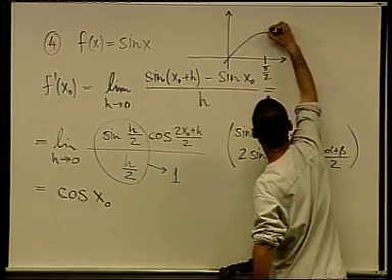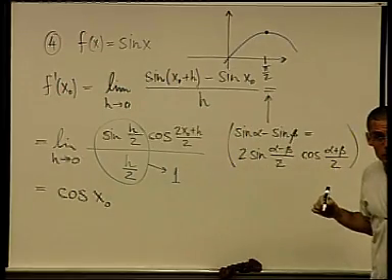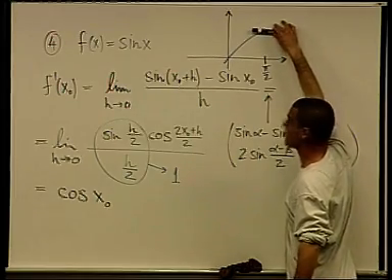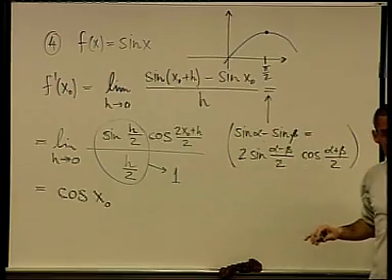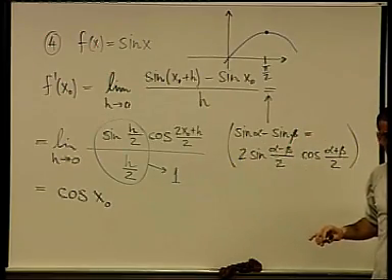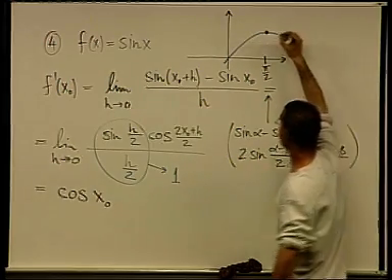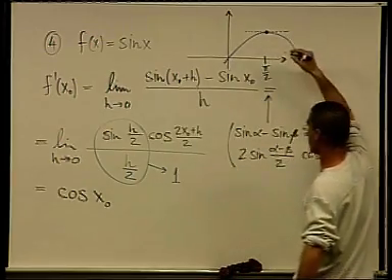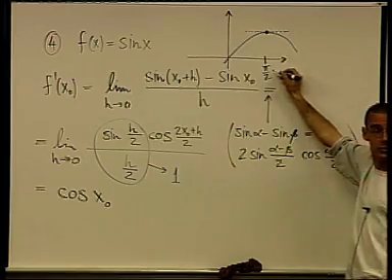What's the derivative of sine at the point pi over 2? It's 0. 0 is precisely cosine of pi over 2. Do you agree? So the slope of the tangent line at pi over 2 is cosine of pi over 2.